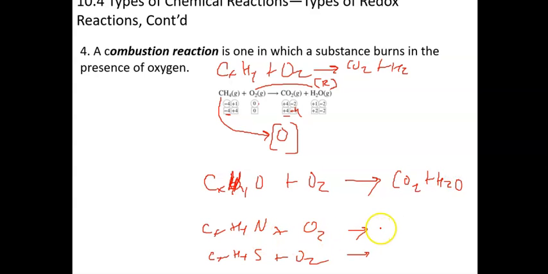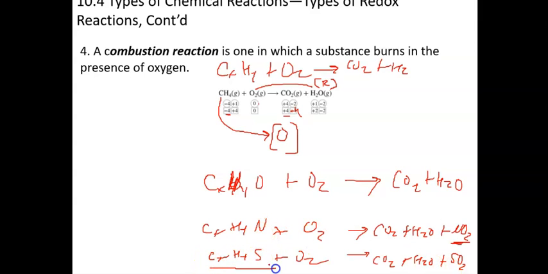If you have a nitrogen, though, you form CO2 and water, but you also form NO2. And for sulfur, CO2 and water, but in this case, SO2 as well. So if you have anything other than oxygen or hydrogen, you also form the corresponding oxide of that element.